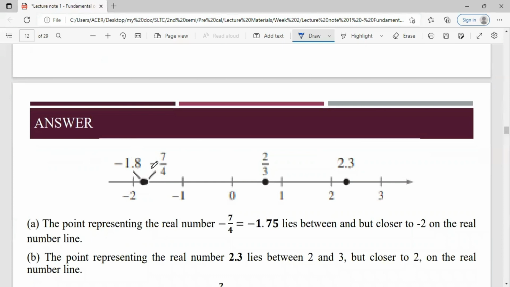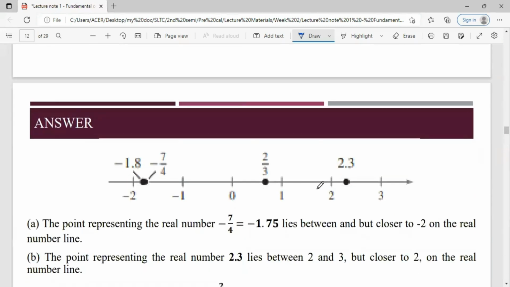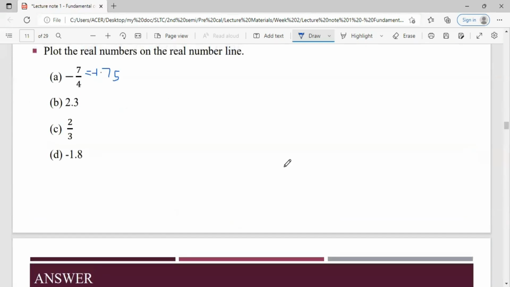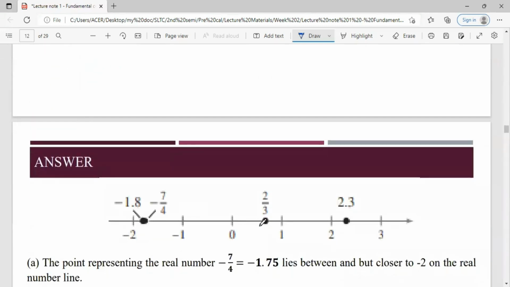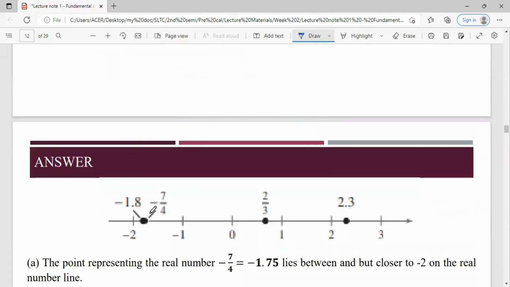So in here somewhere. Then next one, 2 divided by 3. So somewhere here. Then next one, minus 1.8. We already marked 1.75, so 0.5 more in here, right? Minus 1.8.